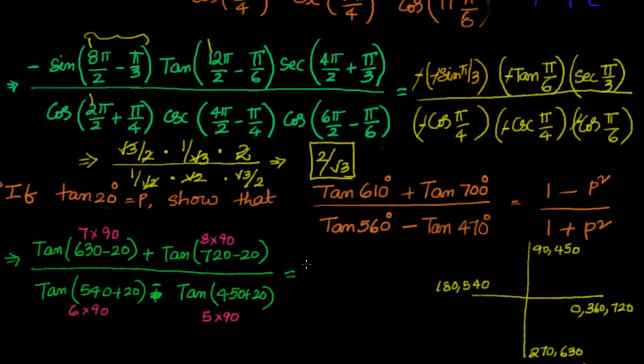So I will say here, this is nothing but equal to, tan will become cot. So I will say cot of 20, but I want to look at the sign. 630 minus 20, that means between here all sine, tan, cos.